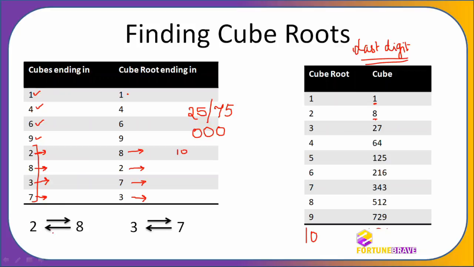So 2 and 8, and 3 and 7 are vice versa. They add up to 10 again. Likewise 1, 4, 6, 9, 5 and 0 will be the same. 2, 8, 3, 7 will be reverse. That is what you need to remember.